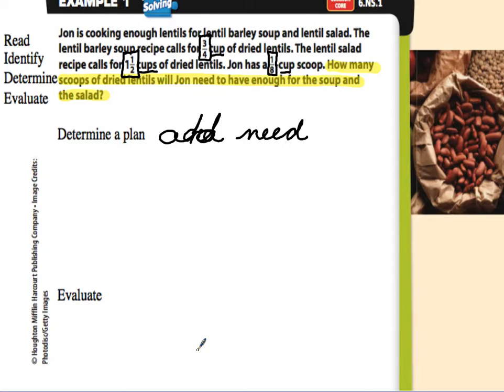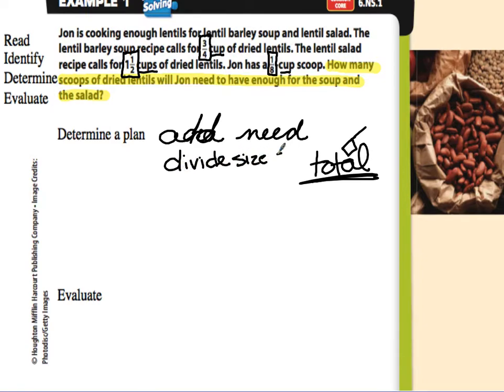Then I'm going to take that total, and since I want to figure out how many scoops, I'm scooping from that. How many scoops is going to make me use all of it? So I'm going to add what I need, and then I have to divide it by the size of my scoop.